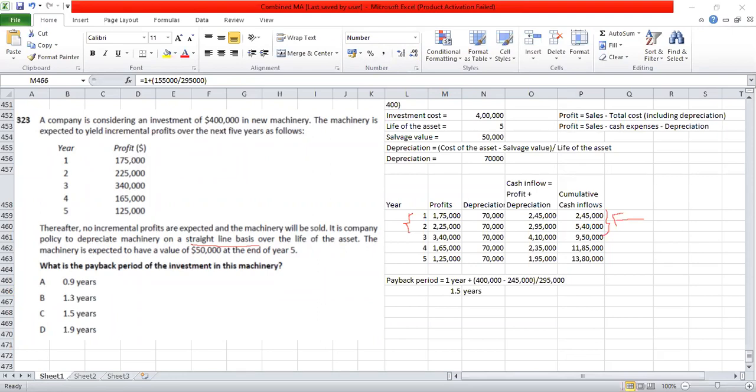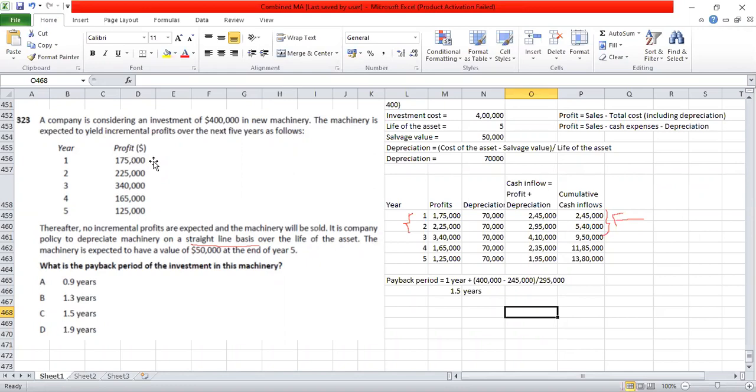Yes, ma'am. So let's go to the next technique, which is net present value. Here we have taken the cash flows, whatever are given, at their face value. If it was 175,000 plus 70,000, 245,000.